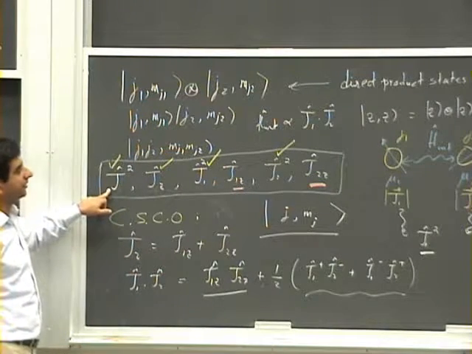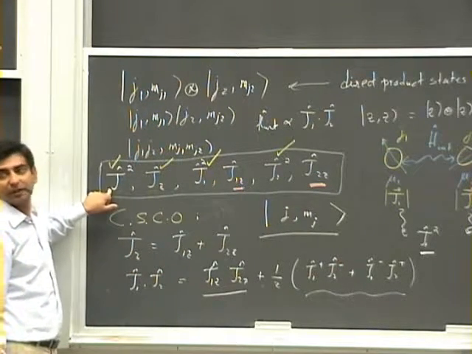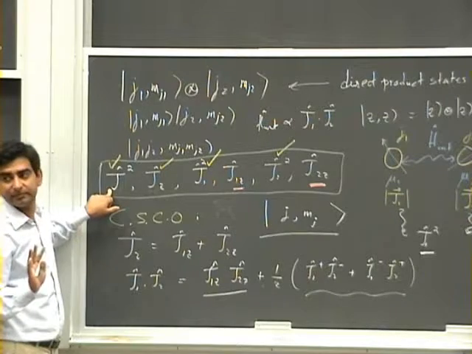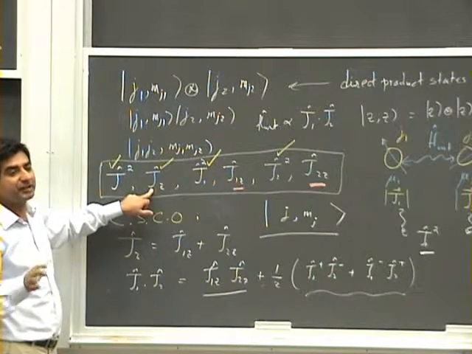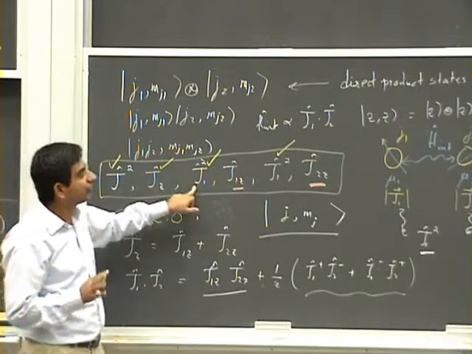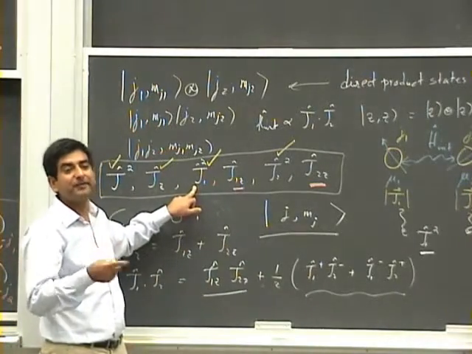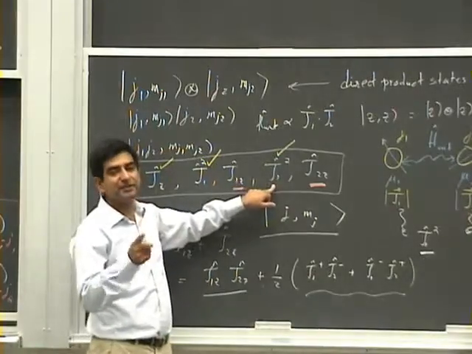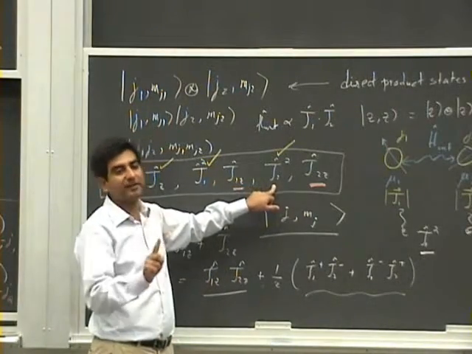One of them is J squared. The interaction cannot change the total angular momentum of the system. The interaction cannot change the z component of the total angular momentum of the system. The interaction cannot change the magnitude of the angular momentum of the first particle. It cannot change the magnitude of the angular momentum of the second particle.